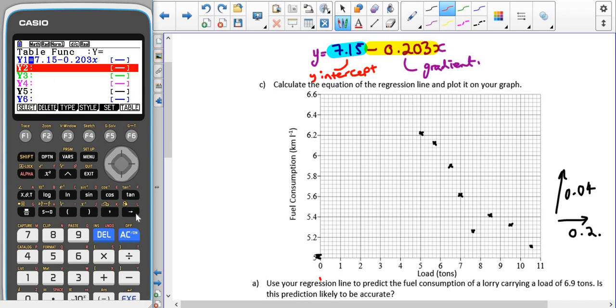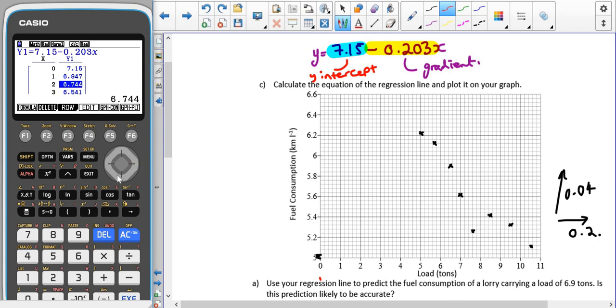Now the reason why I'm having a look at all this data, so if I click EXE and EXE again, this has now given me the x and y coordinates of various points on my regression line. As I said before, I don't want to use anything below 5 because 5 is where my data begins. And I want to try and choose points that are quite easy to plot.